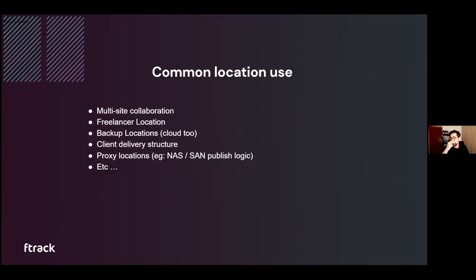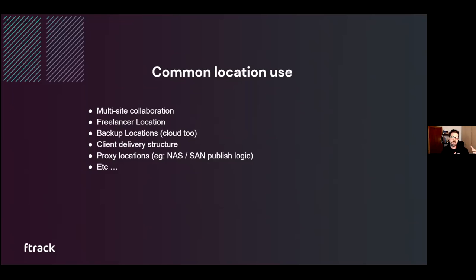Client delivery structure, that's another use that I've seen many times. So for example, it happens often in production that your client wants to have all the names published in their naming convention, not the one that your studio has been using for many, many years. And this usually ends up being a little script that has to take some names and convert them.